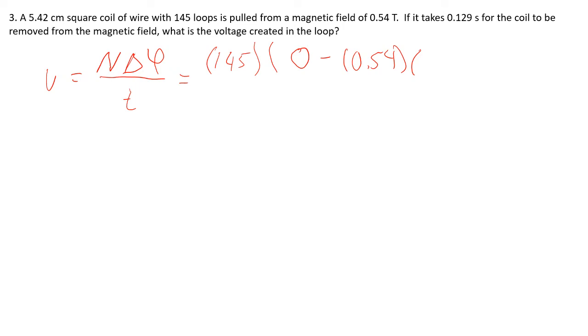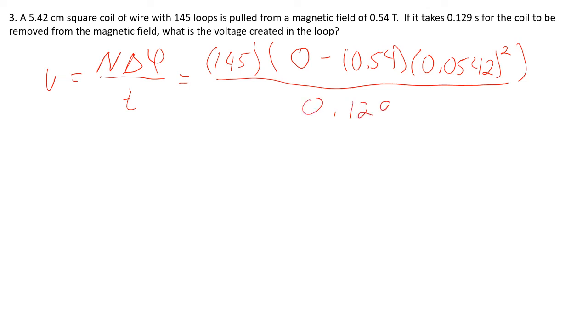And so we have to convert that to meters, so we get 0.0542 quantity squared, all over the time, which is 0.129 seconds. And we do that math, we get our voltage to equal 1.78 volts.